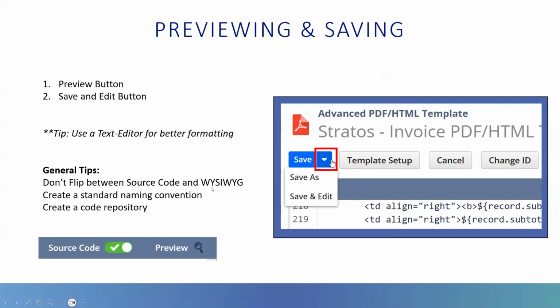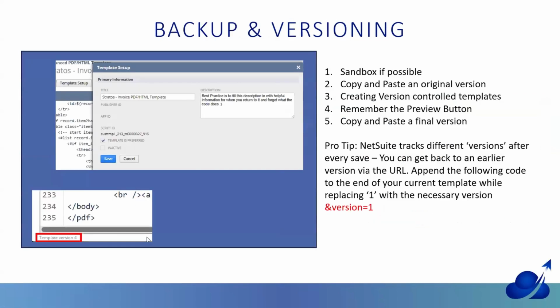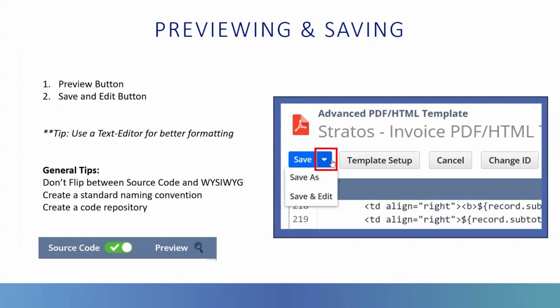This is for custom fields and custom records. If you're in control of that, you want to make it easy on yourself when you're creating a custom record to know the name or the ID, so that it's easier to reference when you're writing the code. And then a code repository: just have all of your useful code stored somewhere.